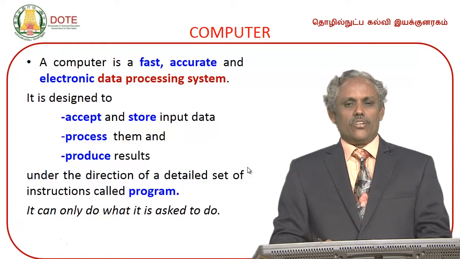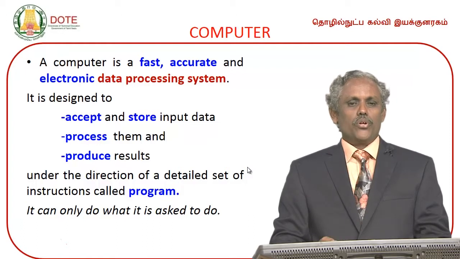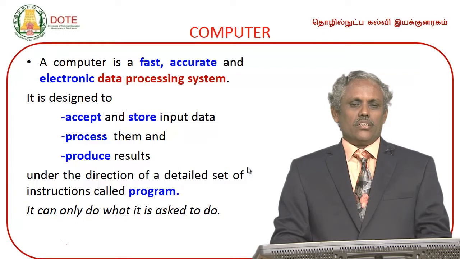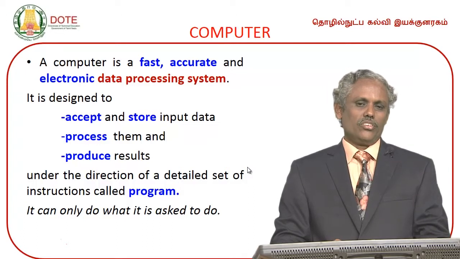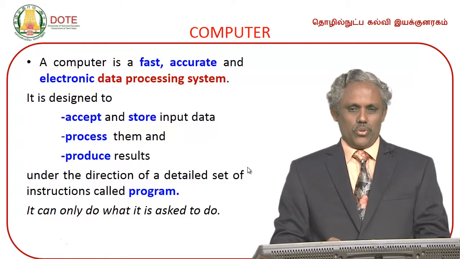It is designed to accept and store input data, process them and produce results. The process is controlled by the program. So, it produces the output under the direction of a detailed set of instructions called a program. The computer can only do what it is asked to do.